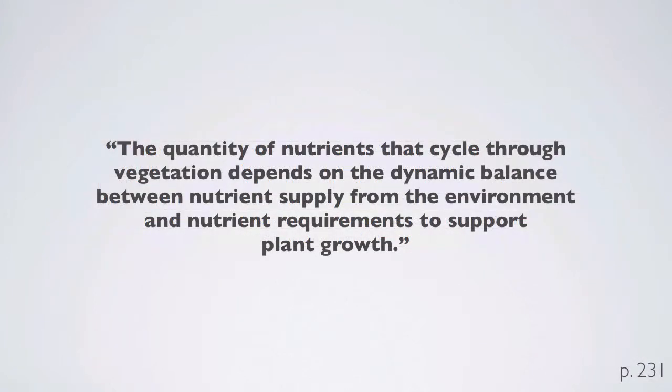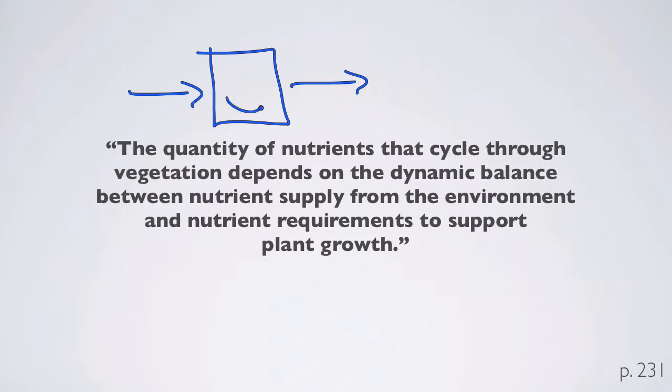Now, the quantity of nutrients that cycle through vegetation depends on the dynamic balance between nutrient supply from the environment and nutrient requirements to support plant growth. So if you take a look at the pool of nutrients that are in plants, and we take a look at how much go into plants and how much go out, and then on an ecosystem level, do the same kind of analysis, but also think about within ecosystem cycling.